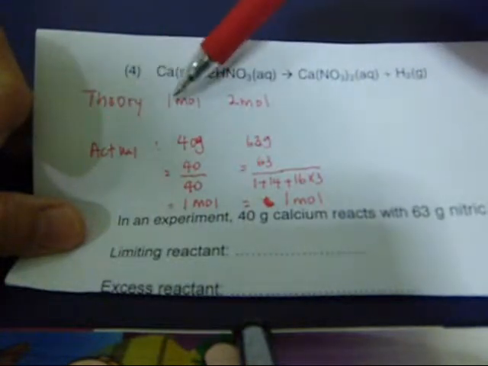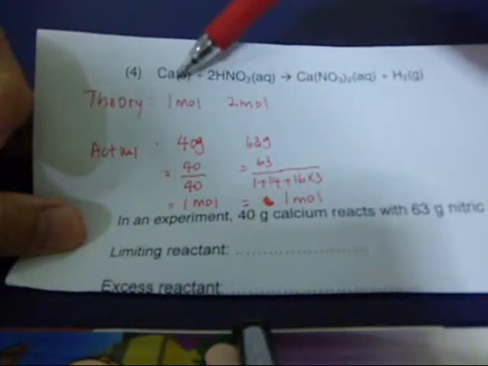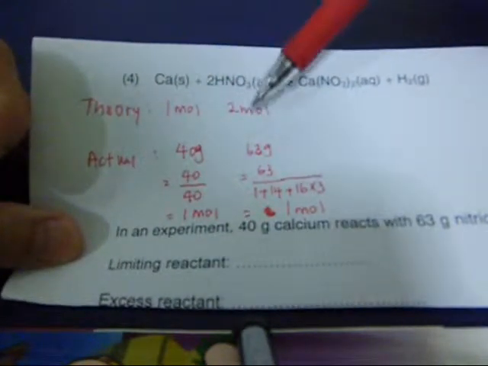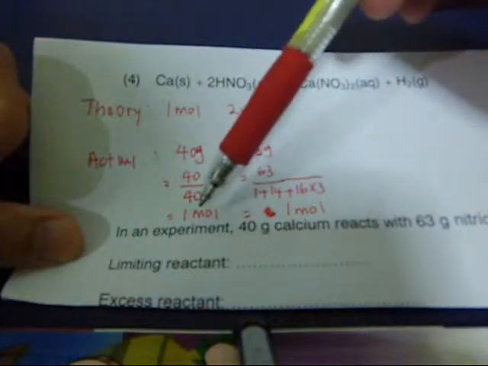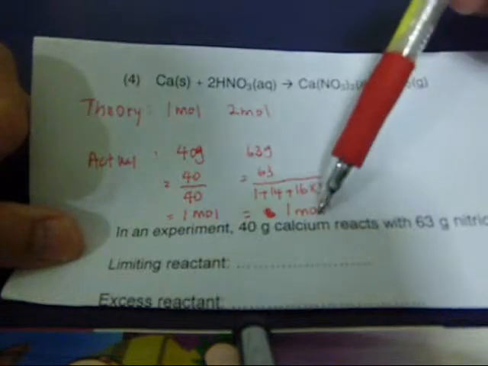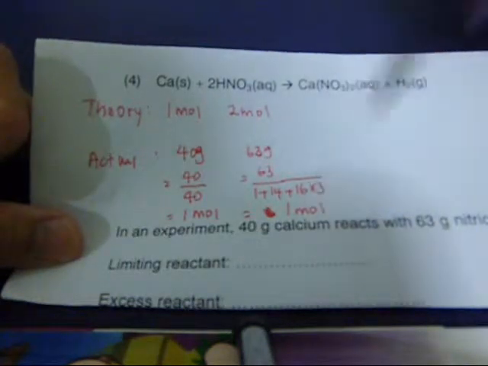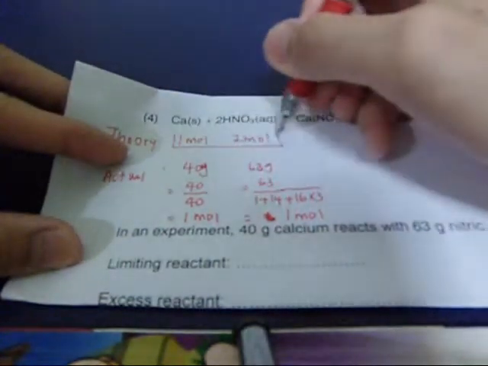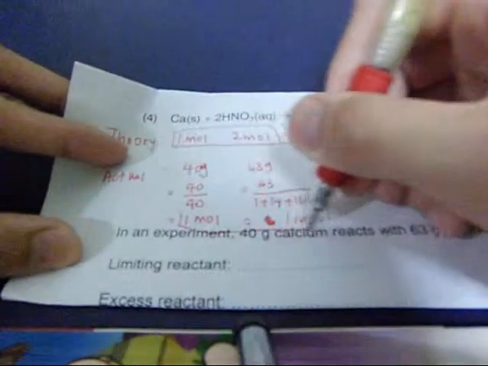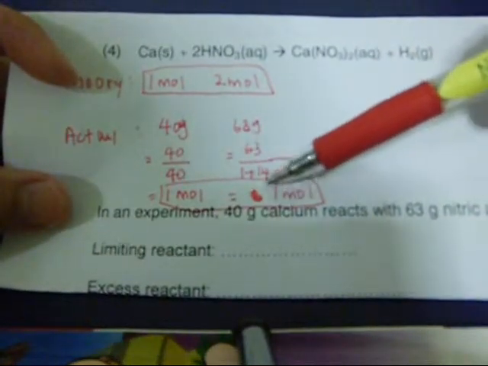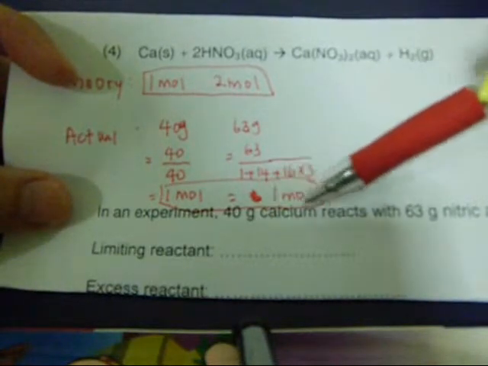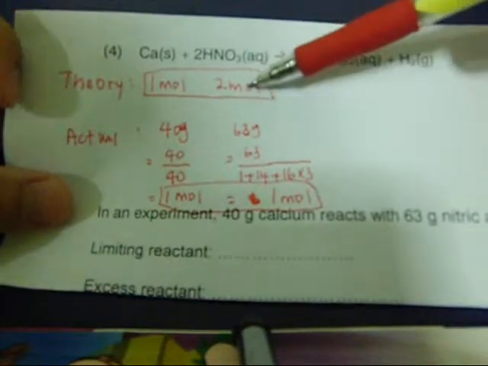Now theory says for every 1 mole of calcium, you need 2 mole of nitric acid. But in actual case, 1 mole of calcium, 1 mole of nitric acid. So you are actually comparing this and this. So from here we can see that actual case, nitric acid is less than the theory.